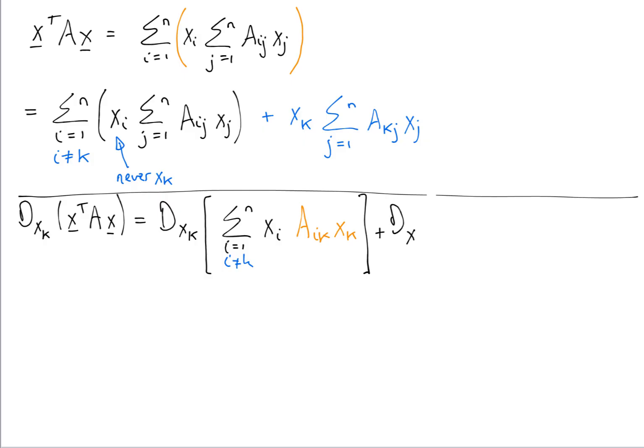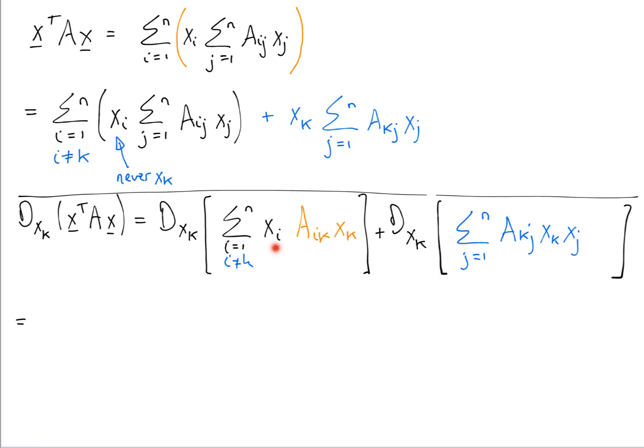For the next term, we have the derivative with respect to x_k of this sum here. Let's bring that x_k inside the sum, and we get the sum j equals 1 to n of a_kj x_k x_j. We can now take the derivative with respect to x_k of this first term, and note that this x_i is never x_k.